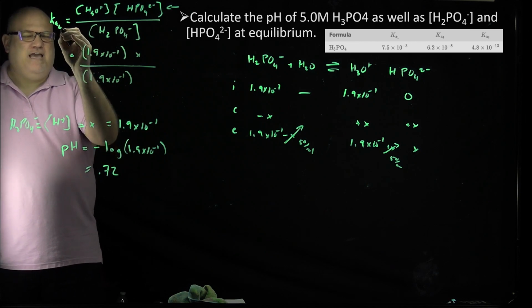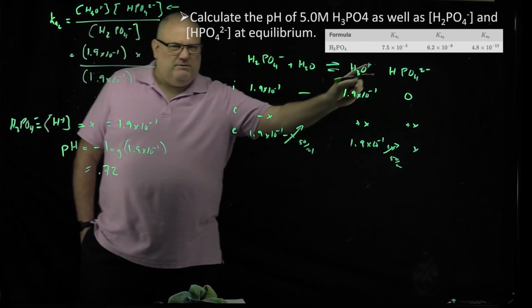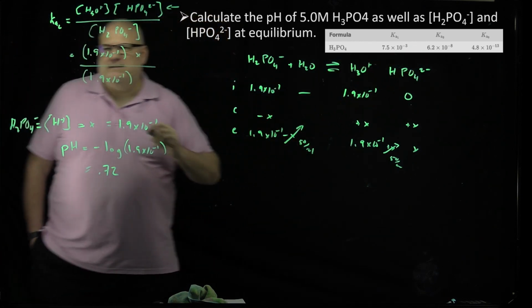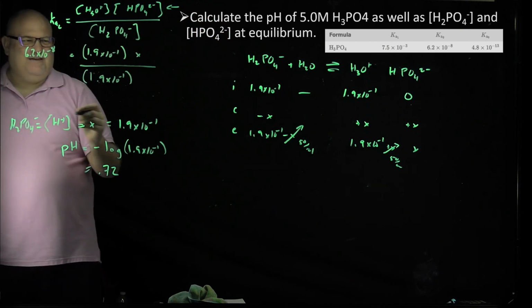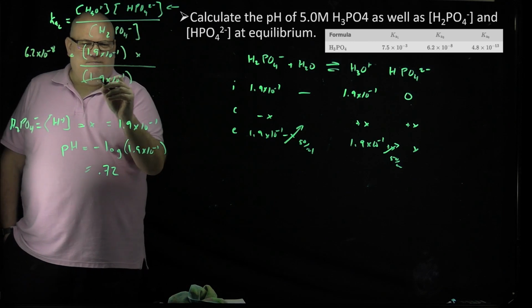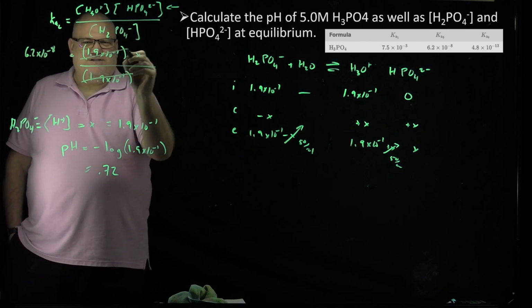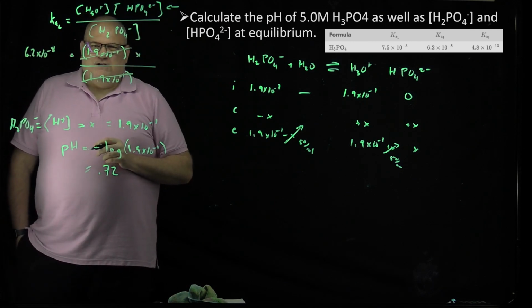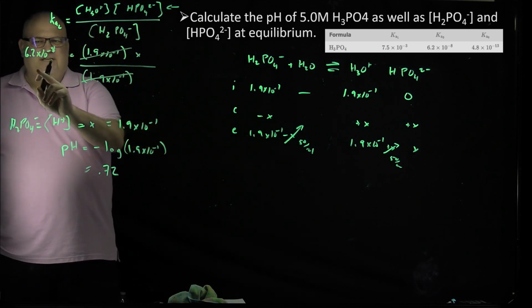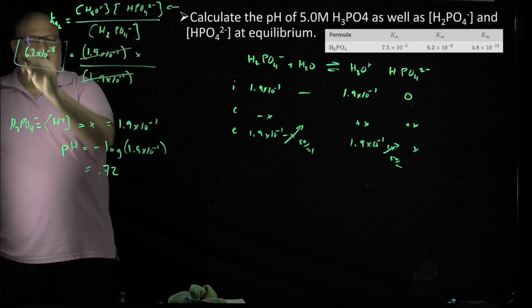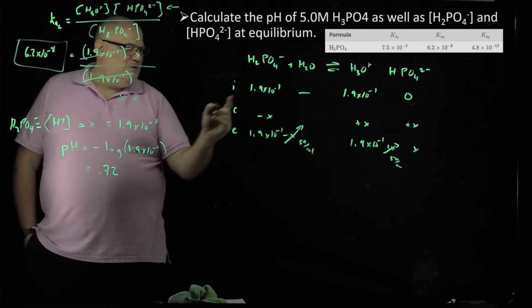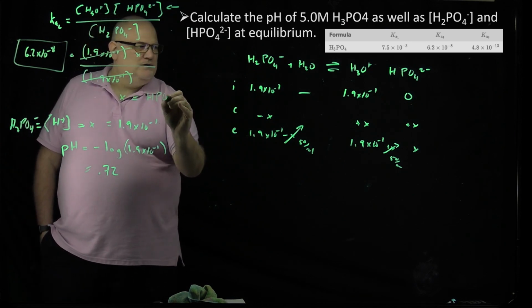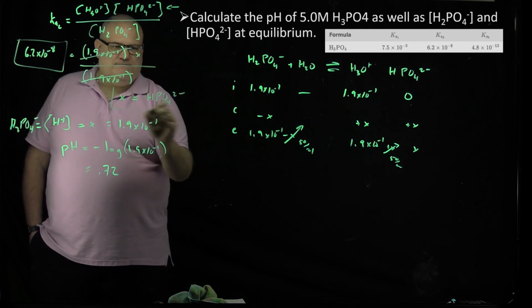And this time it's going to be Ka2. If we look up on our table over here, we have 6.2 times 10 to the negative 8. And according to the wonders of mathematics, won't it be just this? So won't our x then be equal to 6.2 times 10 to the negative 8? And our x in this case, isn't it equal to our HPO4 2 minus concentration?